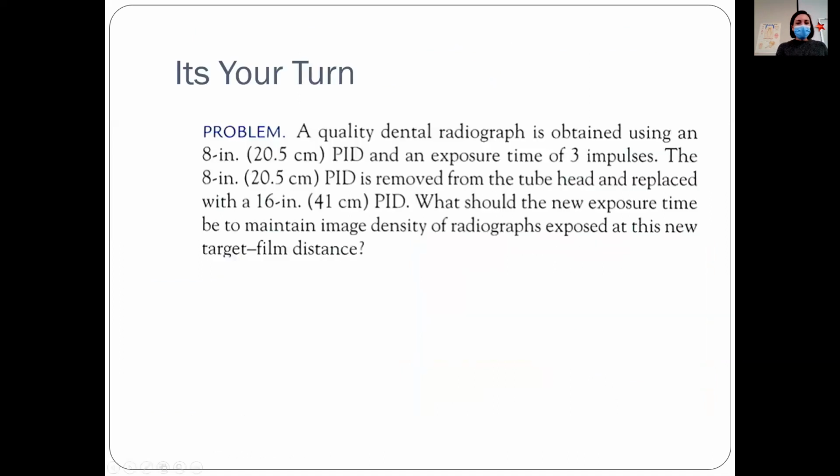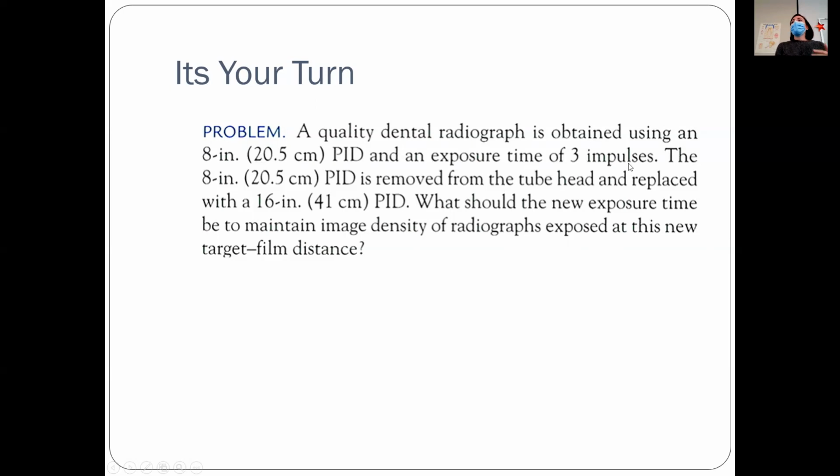Now there are a couple of slides here that say, it's your turn. This is for any of you who do math, do this and maybe you'll come up with it. If you want to share, you don't have to do it now. The question is: a quality dental radiograph is obtained using an 8-inch BID and an exposure time of 3 impulses.